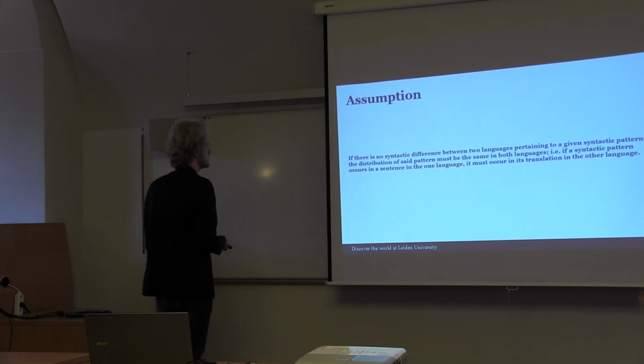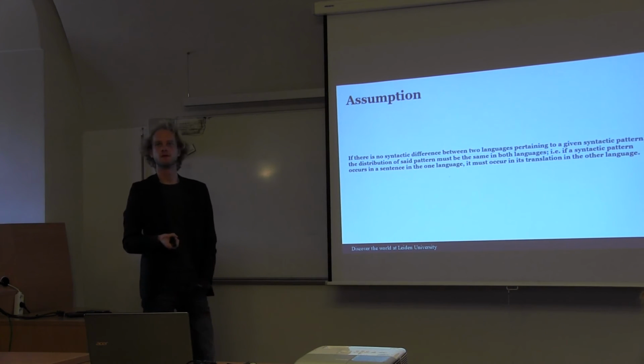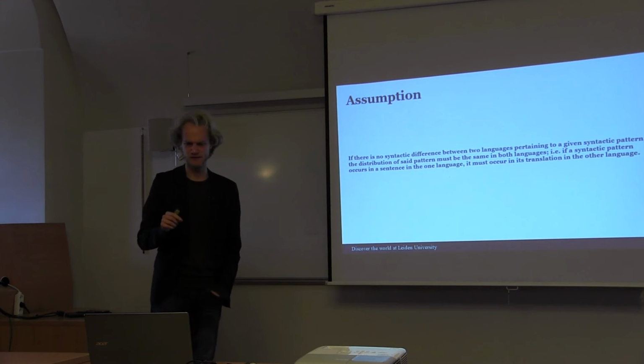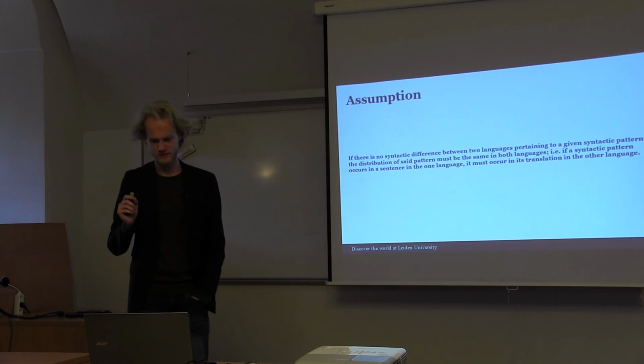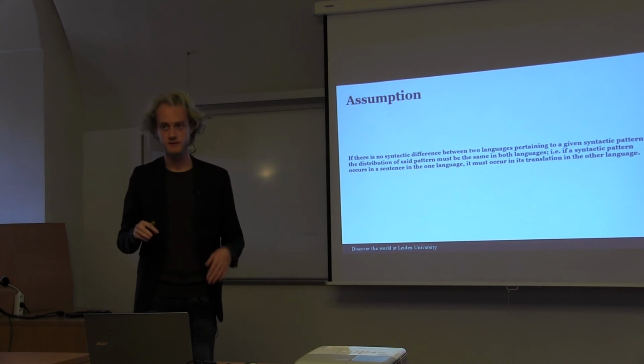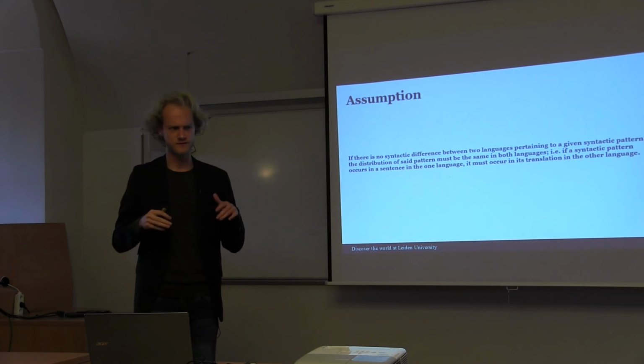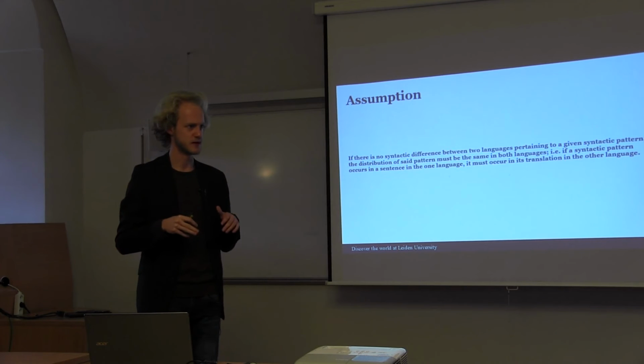Yeah, so we have one big assumption. We say that if there are no syntactic differences between two languages pertaining to a given syntactic pattern, the distribution of that pattern must be the same in both languages.